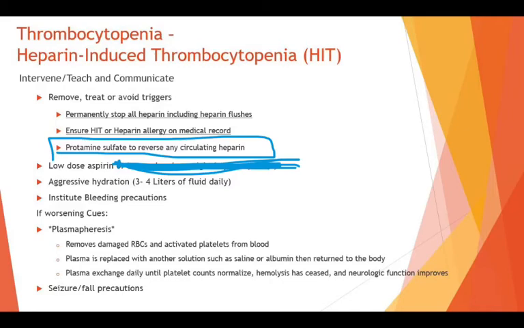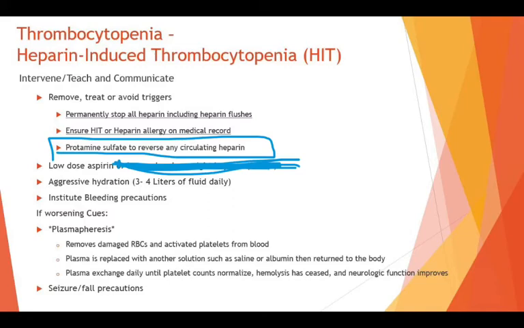You're going to be on a low-dose aspirin to prevent the activation of platelets. People will say, well, if you're on heparin, should you be on aspirin too? Well, heparin is affecting our clotting cascade. It does not affect our platelets usually at all unless you have an allergy to heparin. So low-dose aspirin is okay, one, to prevent the activation of platelets from any leftover heparin that is circulating, and two, to continue whatever anticoagulation might be needed by heparin.